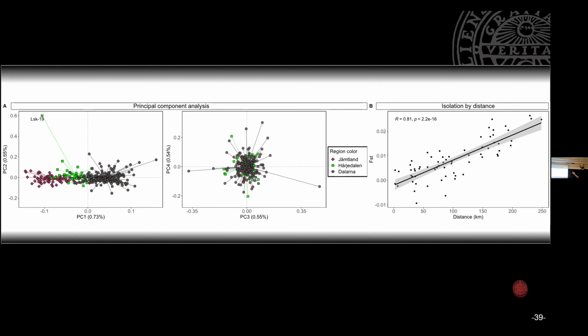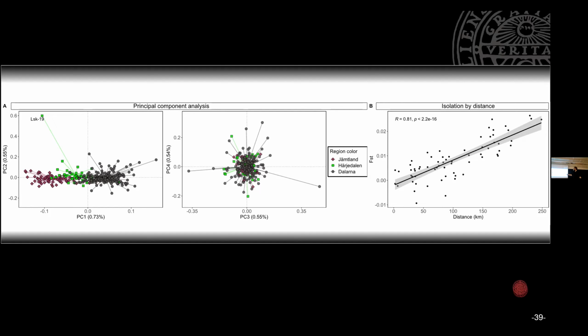The further they are apart, the more different they are, and if they are very close together, they are more similar. And you can see that, so all these colors, the purple one is Jämtland, the blue one is Härjedalen, and the black one's Dalarna. You can see that there's a very good regional trend here. The samples that are coming from the same place, more or less, cluster together, and the samples kind of show a latitudinal gradient, right?